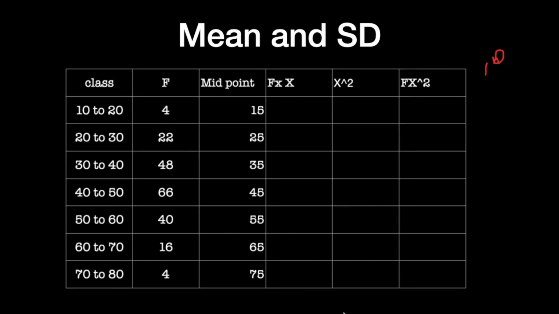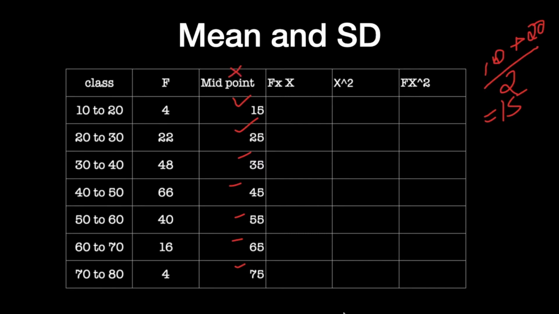For the first case, 10 plus 20 divided by 2 gives 15. Then we got 25, when we add 20 plus 30, we get 50, and 50 divided by 2 is 25. Likewise, 70 plus 80 divided by 2 gives 75. Likewise, we have calculated all the midpoints. We will consider the midpoint as x.